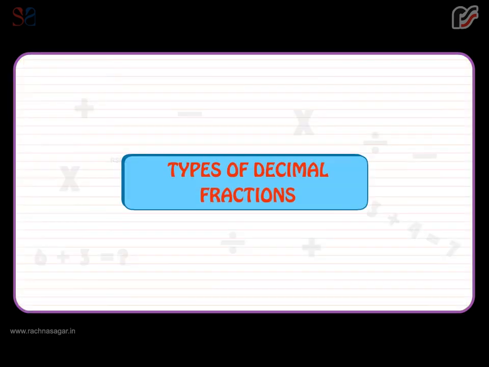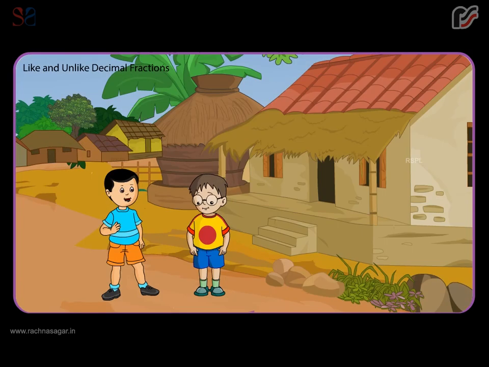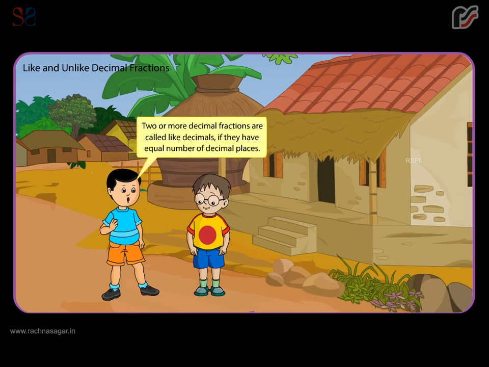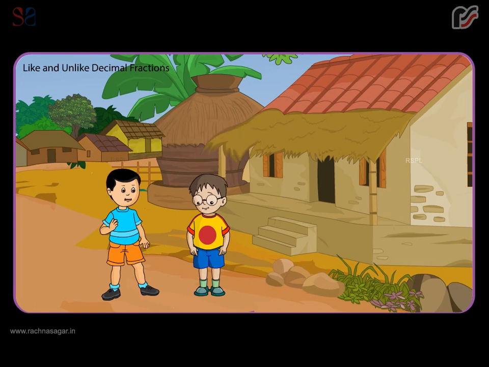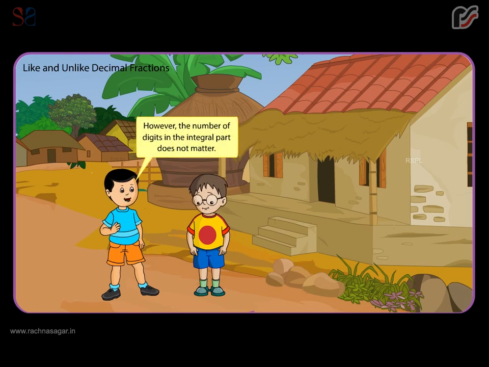Types of decimal fractions. Like and unlike decimal fractions. Two or more decimal fractions are called like decimals if they have an equal number of decimal places. However, the number of digits in the integral part does not matter.